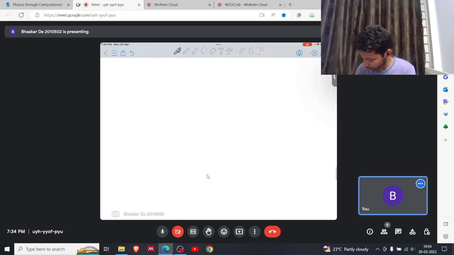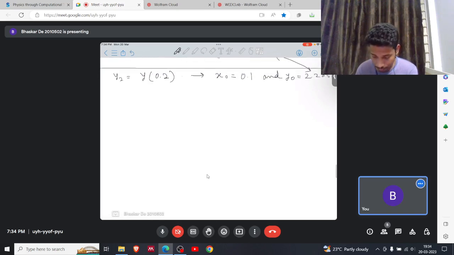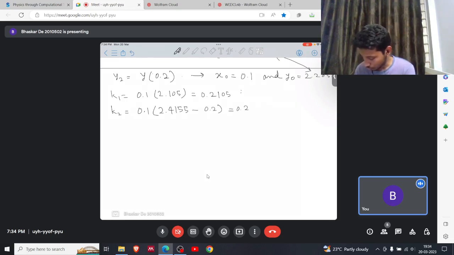Hence k1 will be 0.1 multiplied by 2.105 equal to 0.2105, and k2 will be 0.1 times (2.4155 minus 0.2) equal to 0.22155.